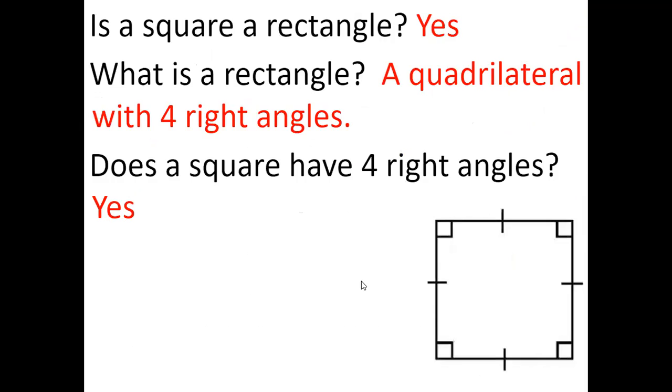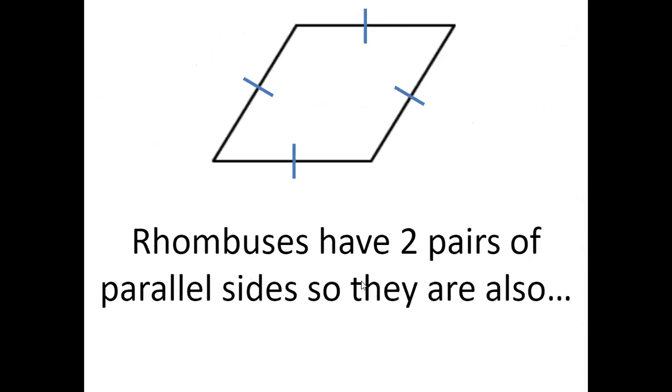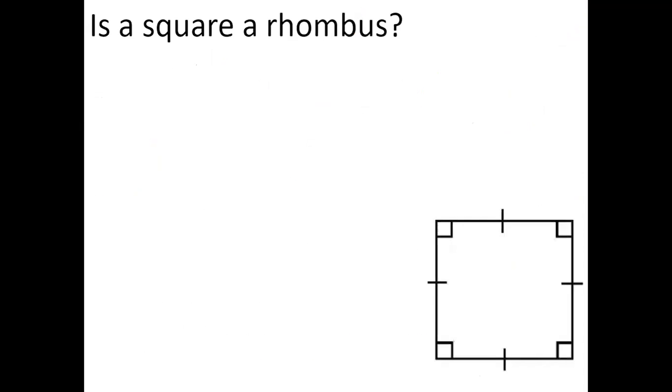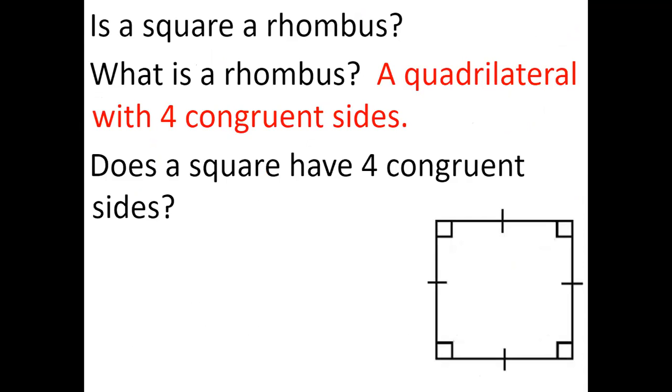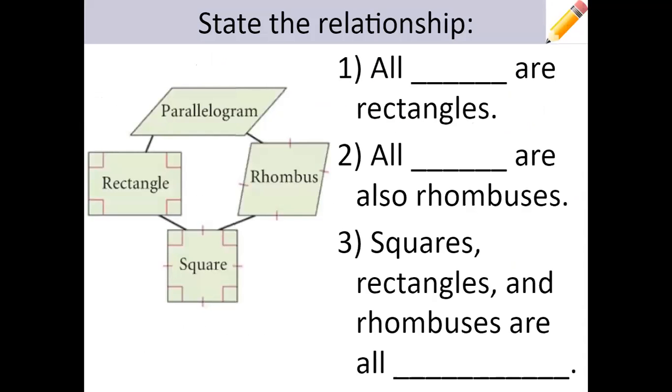Going all the way back really fast, sorry about that. So is a square a rhombus? Well, what is a rhombus, right? A rhombus has four congruent sides. Does a square have four congruent sides? Yes, so then it is a rhombus, okay?